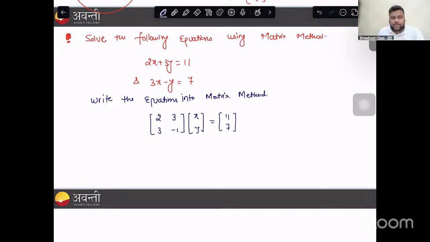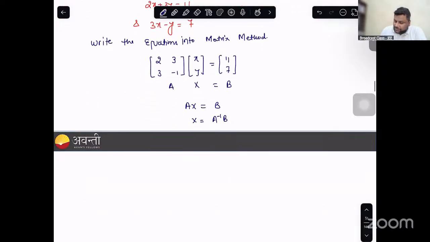Am I correct? Now, say this is A, this is X, this is B. So AX equals B. That means X is A inverse into B. And what is A inverse? A inverse is adjoint A upon determinant of A.